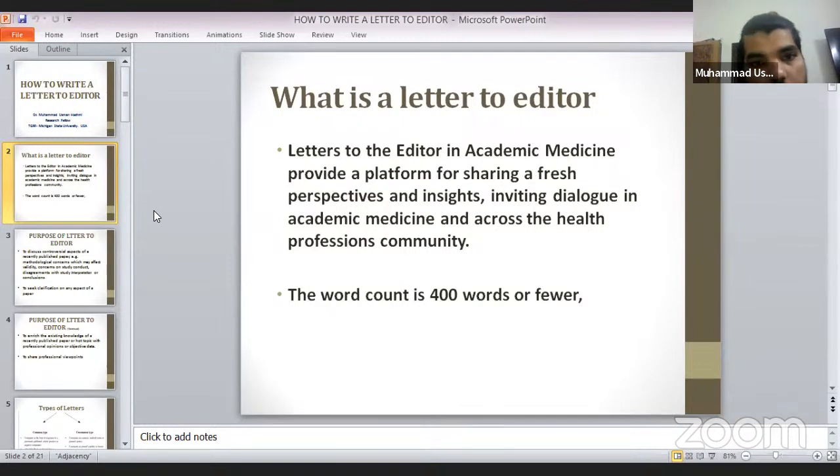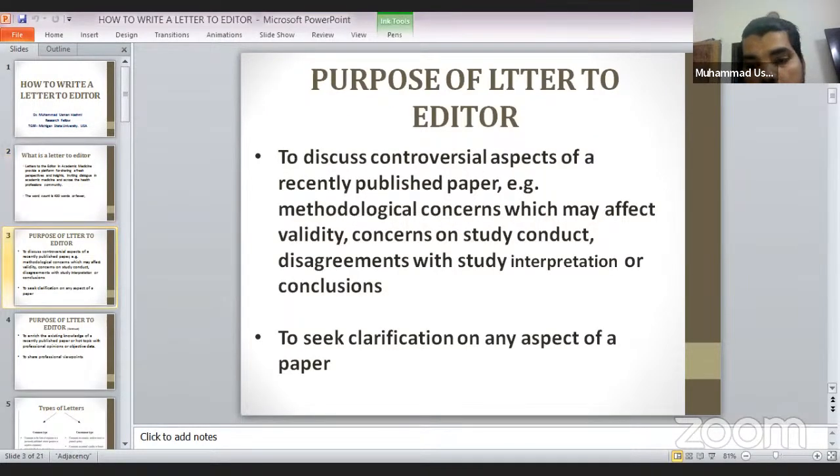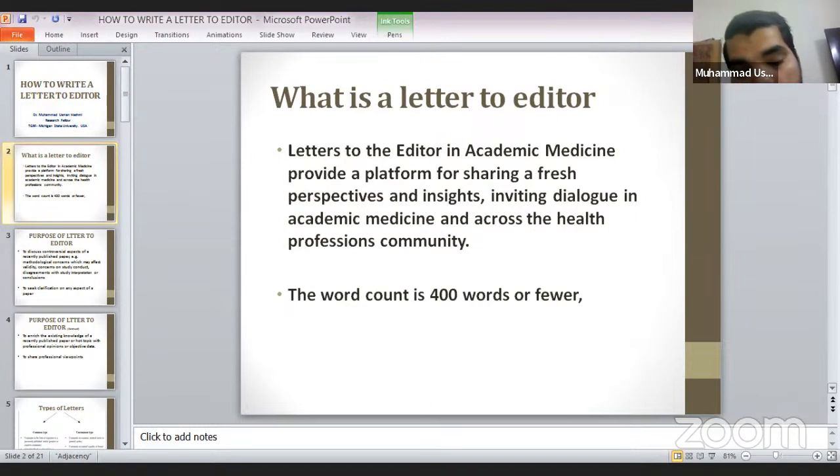A letter to editor is an excellent platform for sharing fresh perspective and insight, which can invite dialogue in academic medicine across the health professionals community. But it is important to mention that it is a brief type of research publication, and the word count is around 400 words or even less.